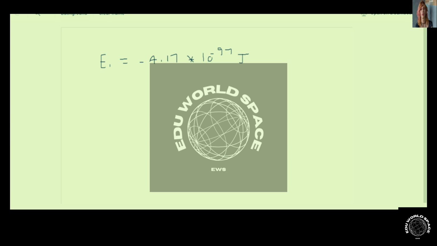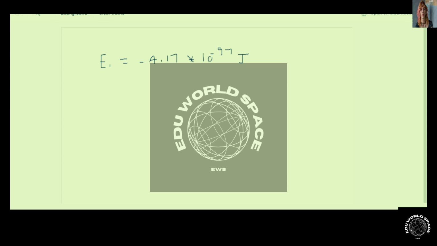Let me summarize what we have done here very quickly. We have considered Bohr's model using the gravitational force instead of the electrostatic force. We have solved for the velocity using Newton's second law. Then we found an expression for the angular momentum.